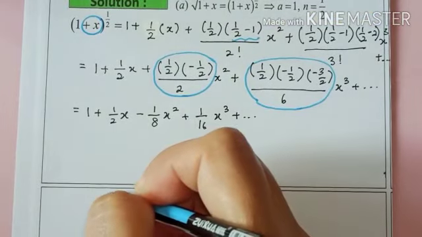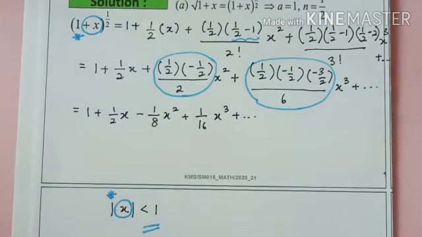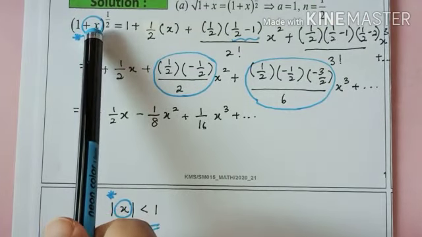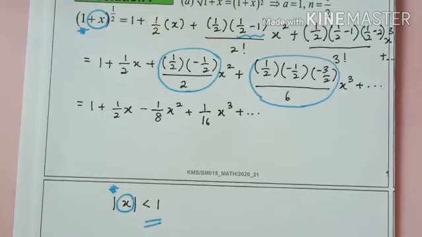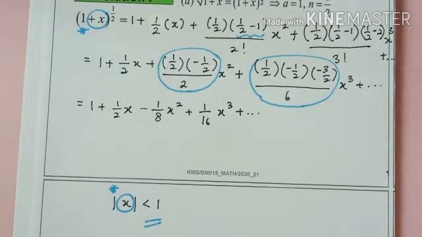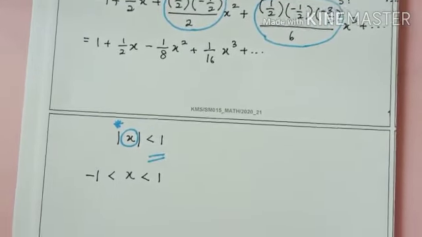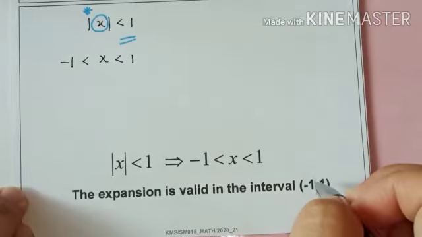What is the term that you have to put inside the absolute value? You have to refer back to your terms here. If you have x, that means you also put x here. After that you define this absolute value: less than 1 and more than negative 1, or in interval form, (-1, 1).